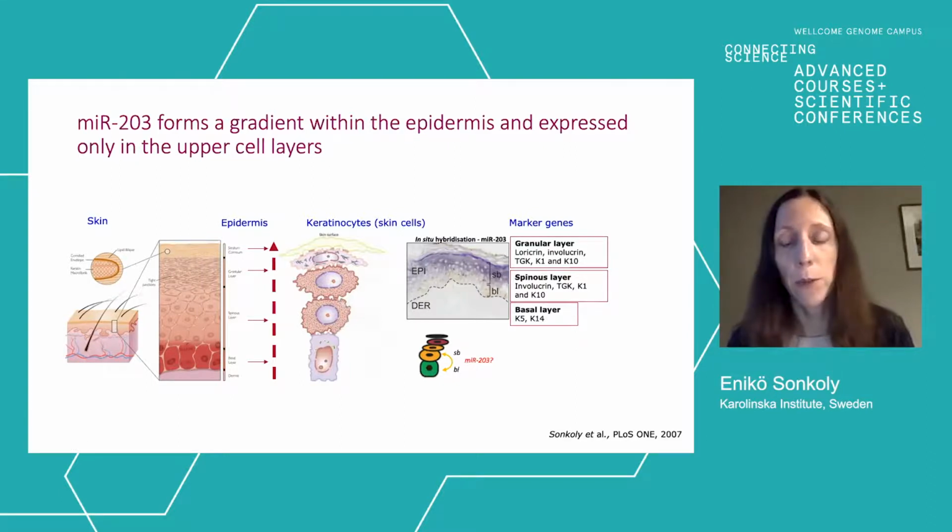And we thought that this expression pattern was very interesting, because it led us to the hypothesis: is it possible that miR203 could have a role in the transition from the basal layer to the suprabasal layer in the process of differentiation?